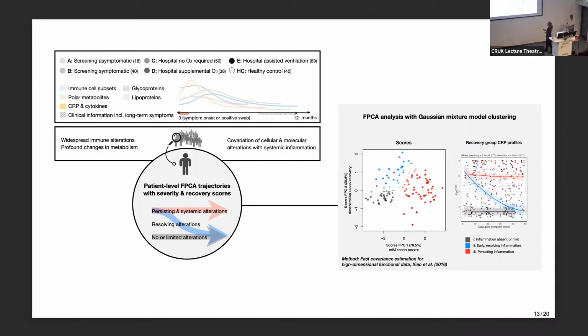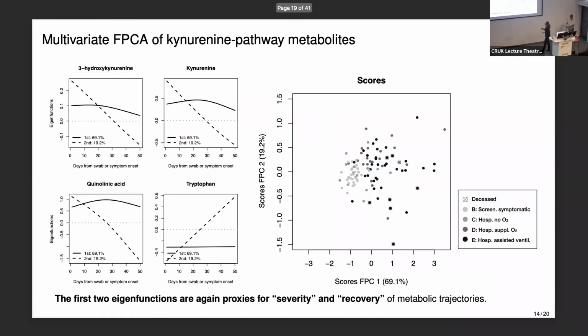So what we did is that we analyzed not only CRP by FPCA, but all other data types by FPCA. Here I'm showing, again, an example of 4 important metabolites of the kynurenine pathway, which I mentioned before. Here we see 2 things. The first thing is that we have a single set of scores estimated from all 4 longitudinal variables, because we are using a multivariate version of FPCA.